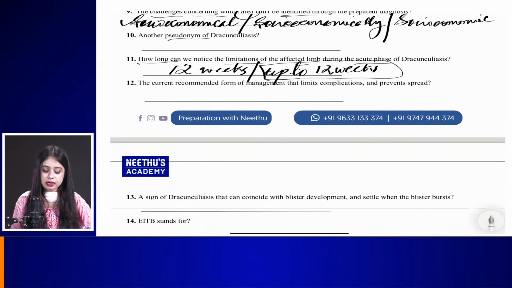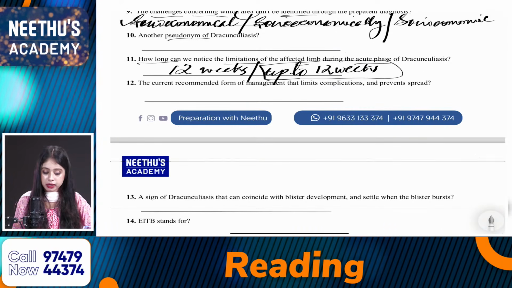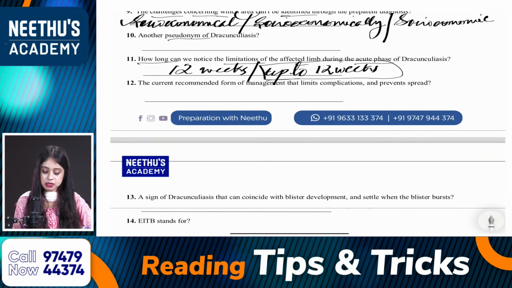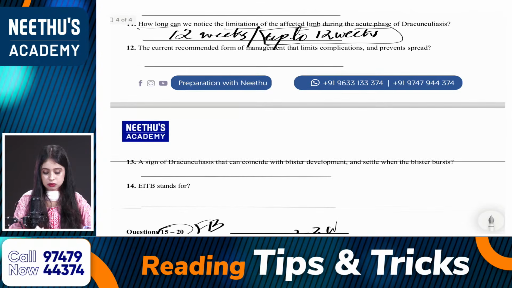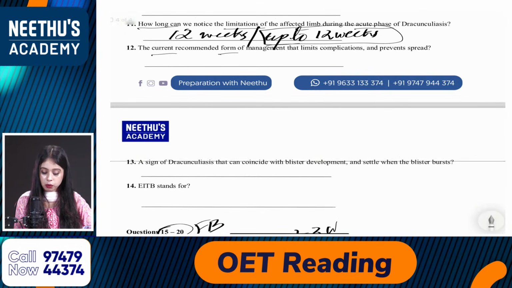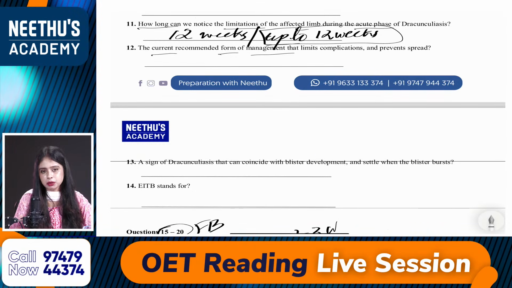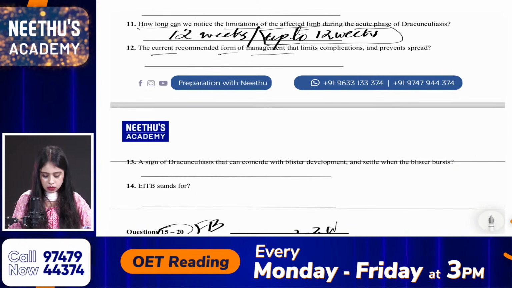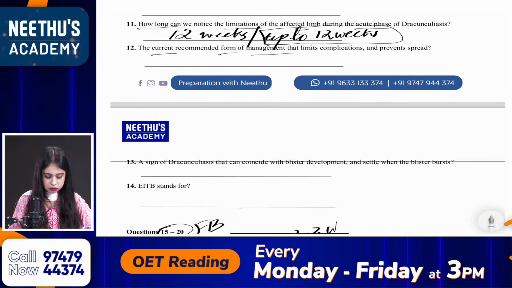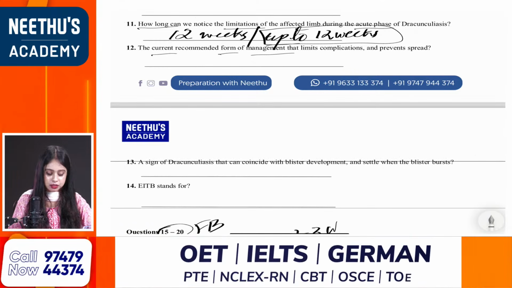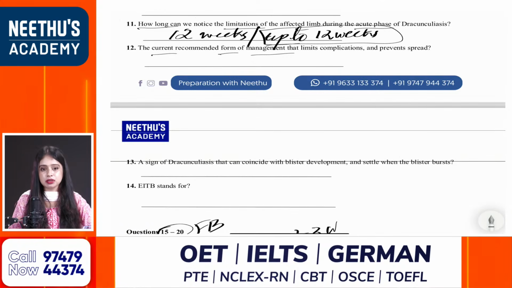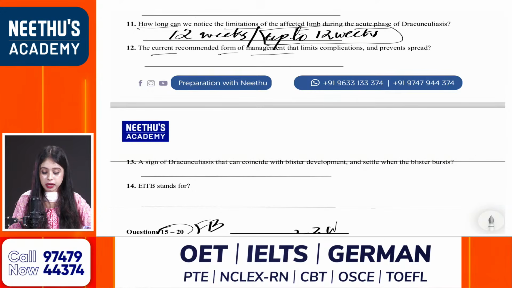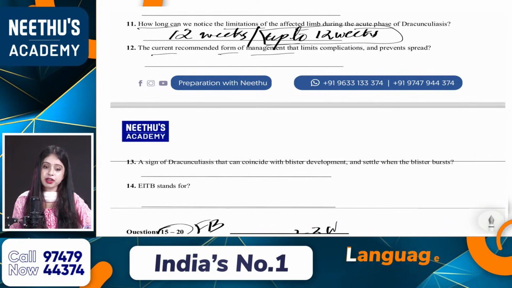12th one. The current recommended form of management that limits complications and prevents the spread. So, current form of management. What is the current recommended form of management that can prevent this condition? Okay, Shiji, Sankita, correct answer. What about the 12th question? Very good, very good.